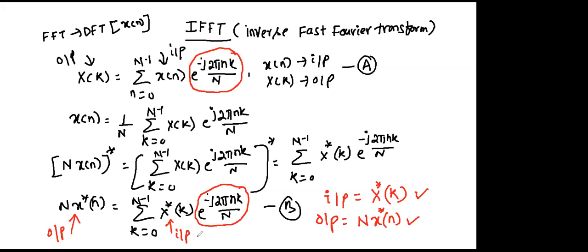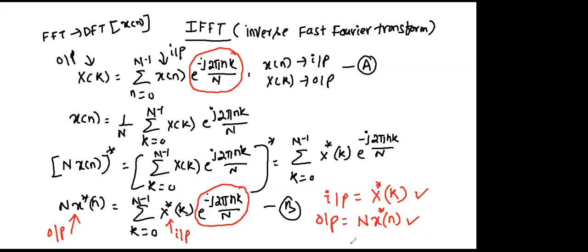So in case of equation B, the input is X conjugate k, because you are finding the IFFT. Simple, see the equation. This is the input part. The input is X conjugate k and the output is capital N x conjugate n.